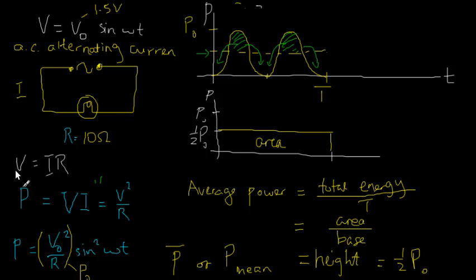But since I know that the average power is half of the peak power, can I then find the corresponding V that will give this average power? Right, we can. That should be quite easy. So let's try that.